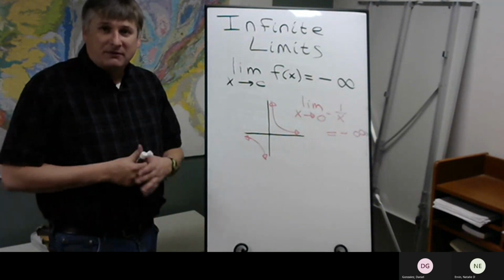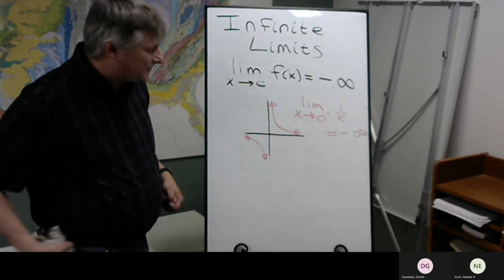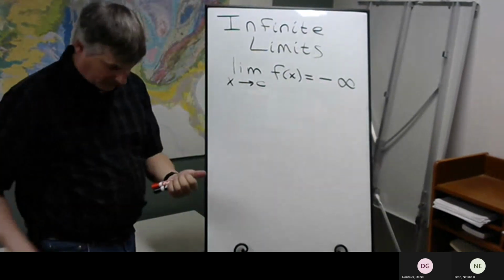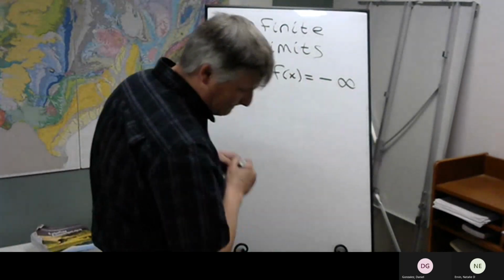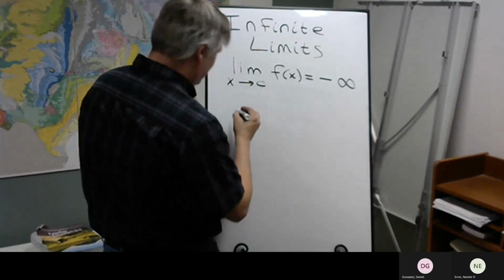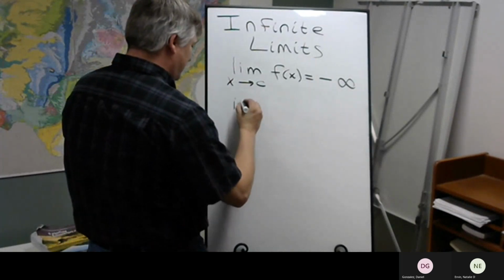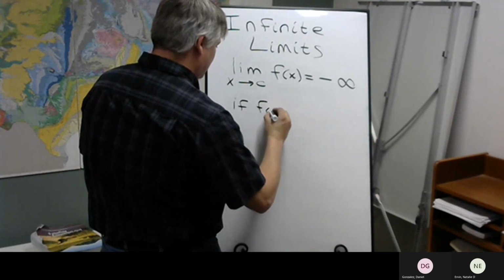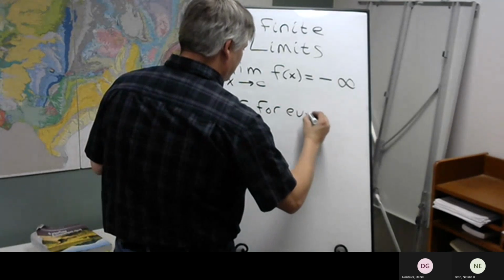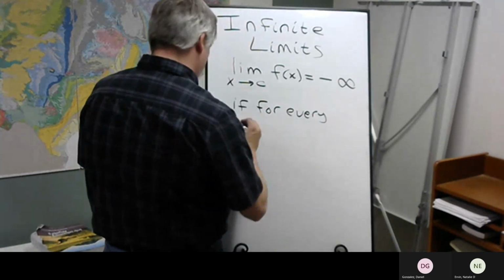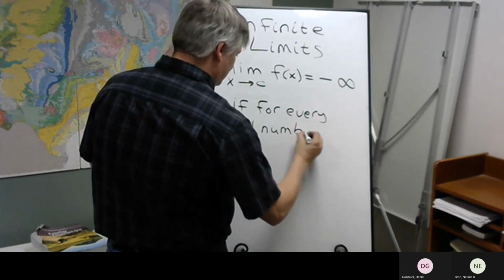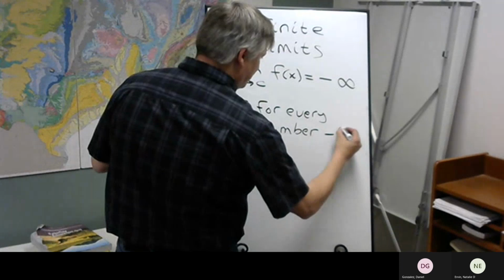So again, the formal definition. Take a look at that. So this is true if for every real number negative b.